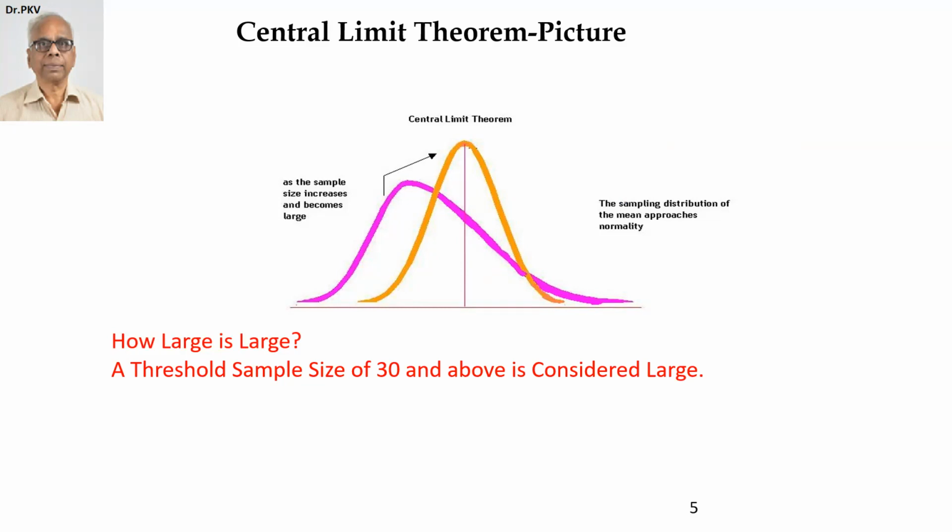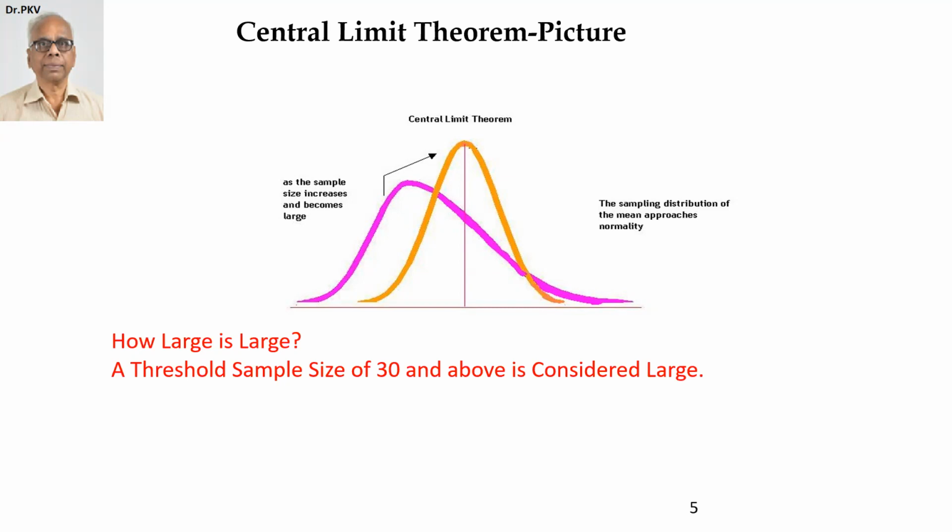If the sampling error should not go beyond 3, and that should happen with the probability of 95% of the time, then what should be the sample size? Statistically, we can determine, and we will see those things later. For the time being, a threshold sample size of 30 is accepted for the application of the Central Limit Theorem.